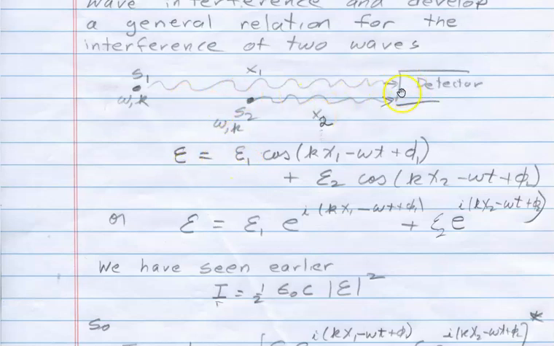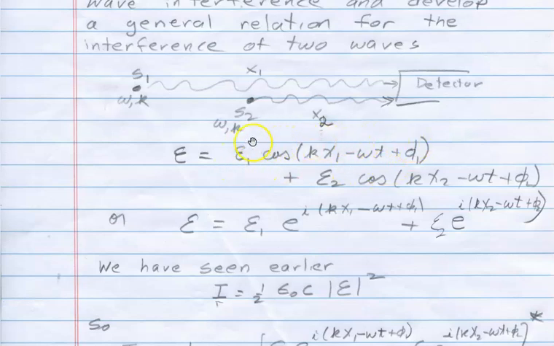The total wave that hits the detector at time t is just the superposition of these two waves that come from the various sources. And we know, if I use the cosine, a wave is, in general, cosine of kx minus omega t plus the phase. I'll keep the phase separate from the amplitude, so this is a real amplitude.